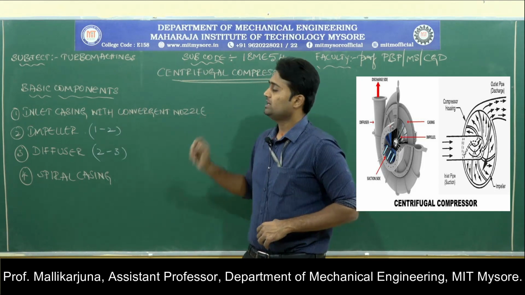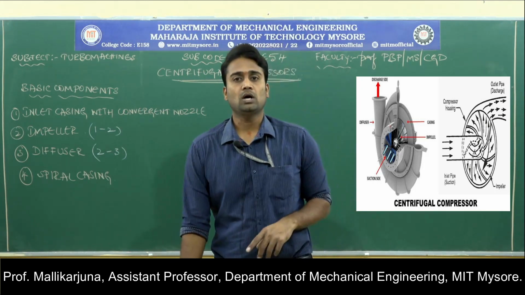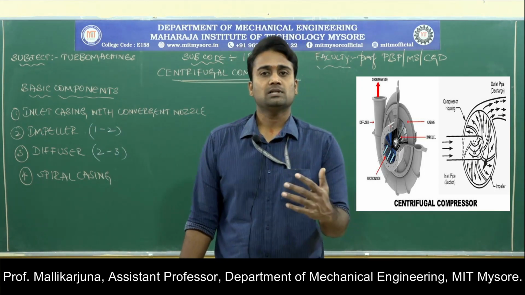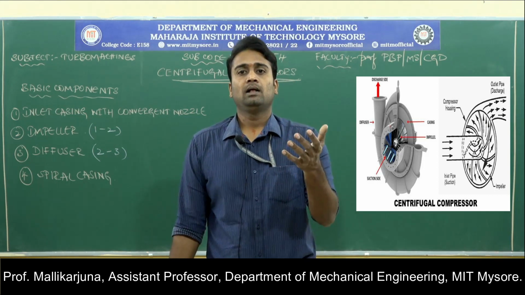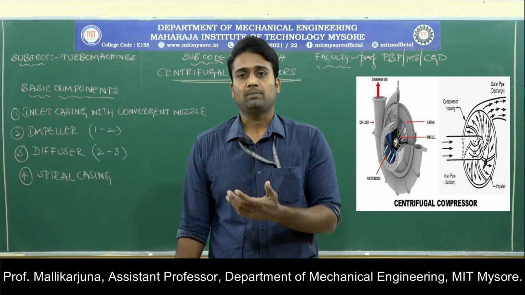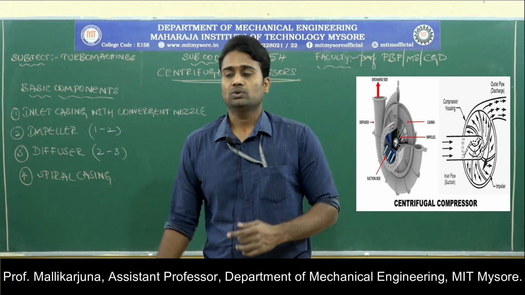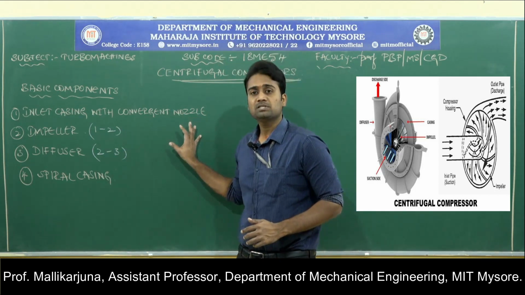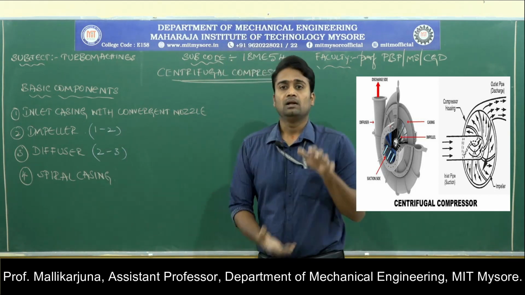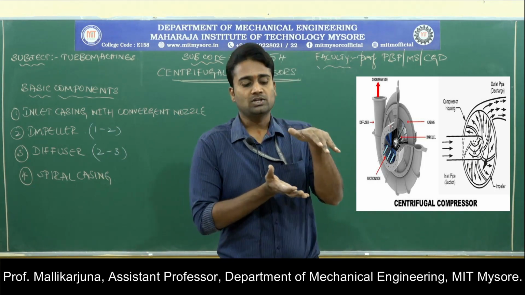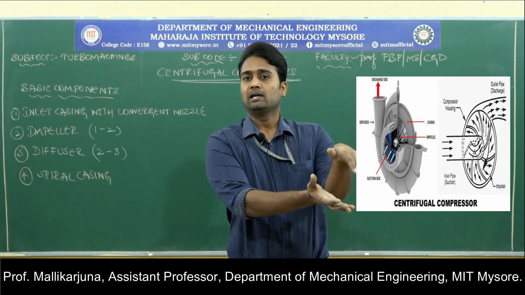Next, with convergent nozzle, we know the nozzle function. A nozzle is a device used to raise the kinetic energy of the fluid, I mean the velocity of the fluid. Here they are specifying it as a convergent nozzle. Convergent means the cross sectional area is gradually decreasing.